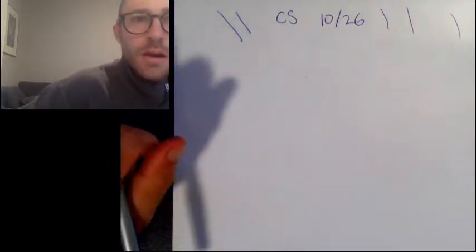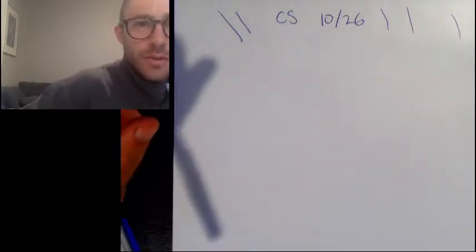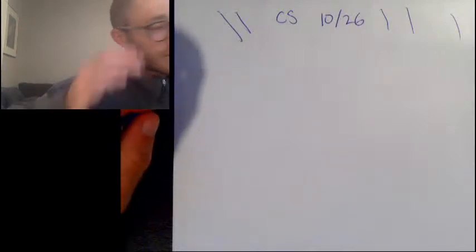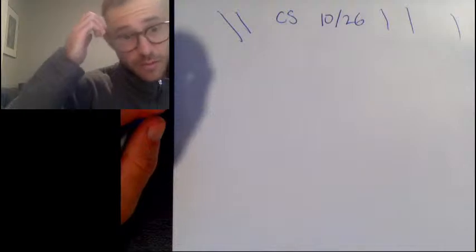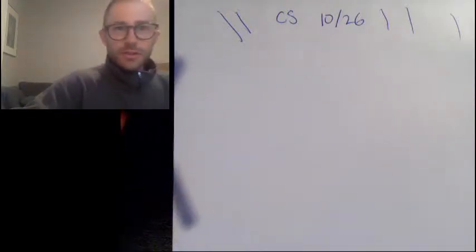Okay, let's go ahead and get started. I'm going to start off with the lesson for the IB Physics SL kids. This is going to be really short for the SL kids today.